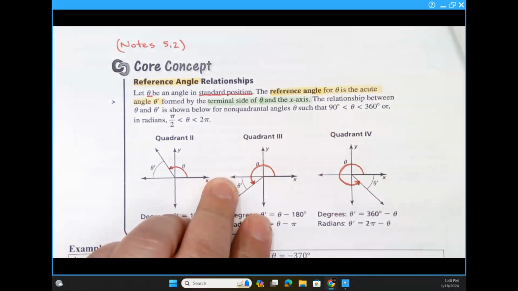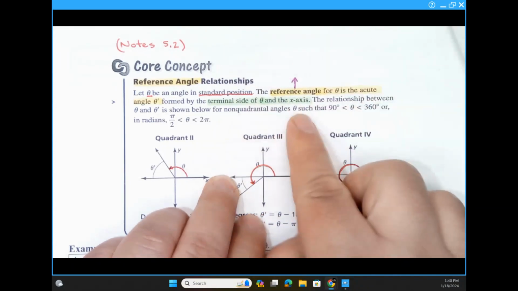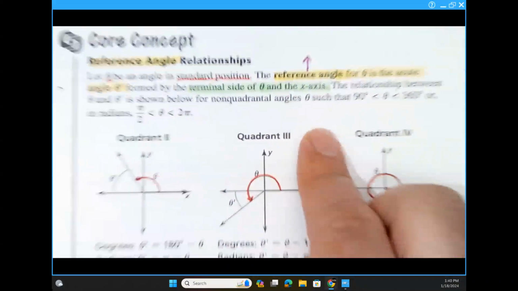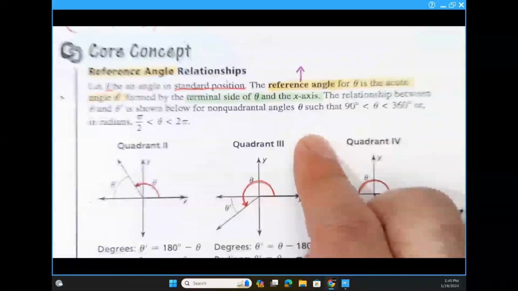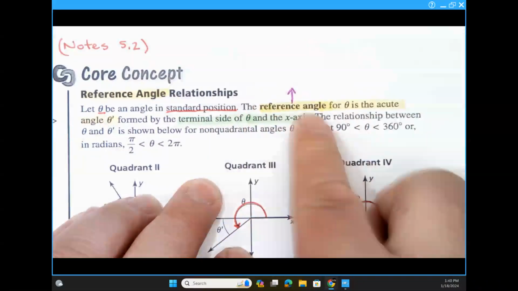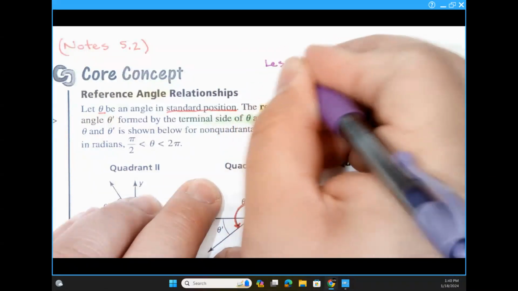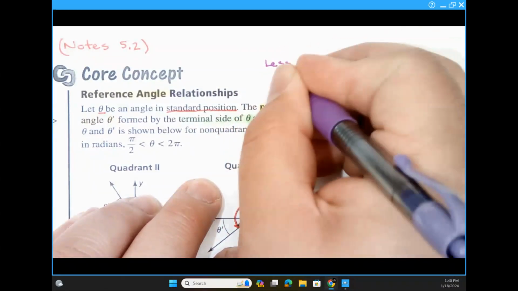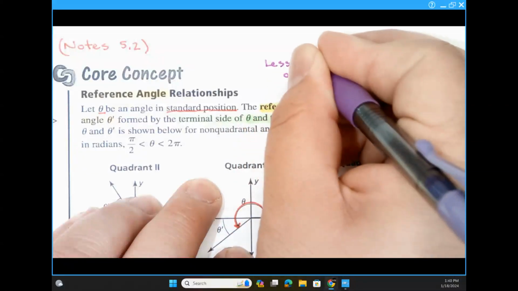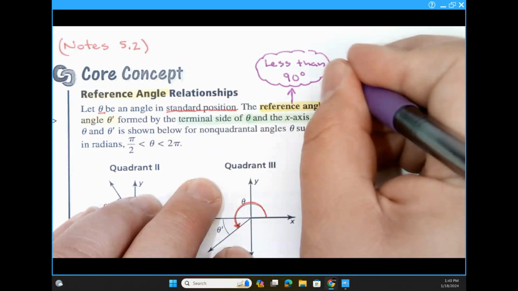So a couple things I want to mention. In order for me to have a reference angle, let's zoom in a little bit more here. If I'm going to work with the concept of a reference angle, one, it says it needs to be acute, so it has to be less than 90 degrees. And here's the other one.